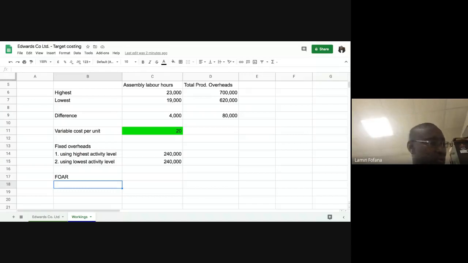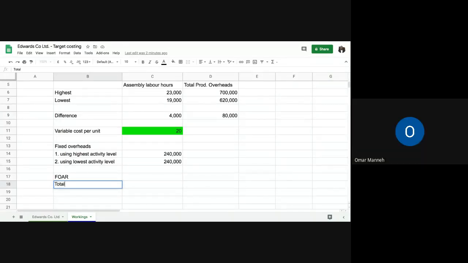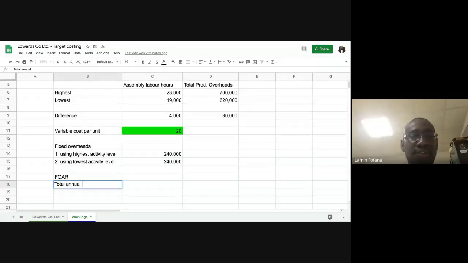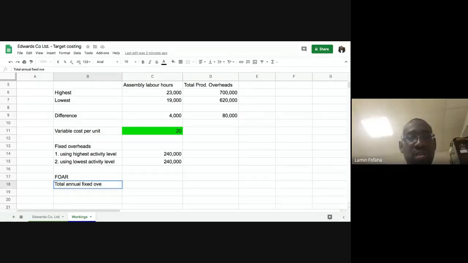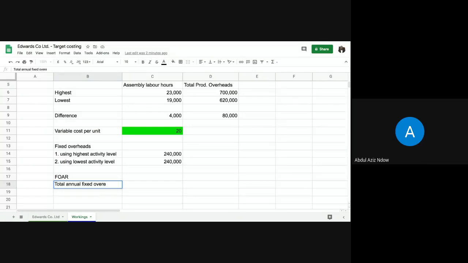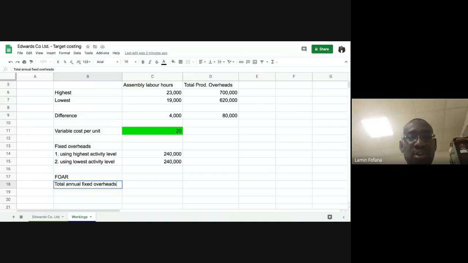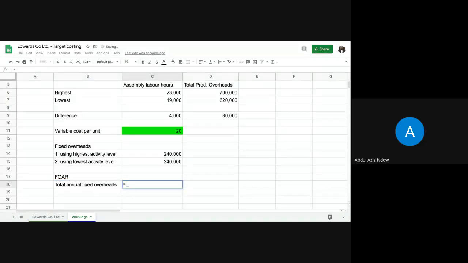So we're going to calculate the total annual fixed overheads. Total annual fixed overheads will be equal to what?